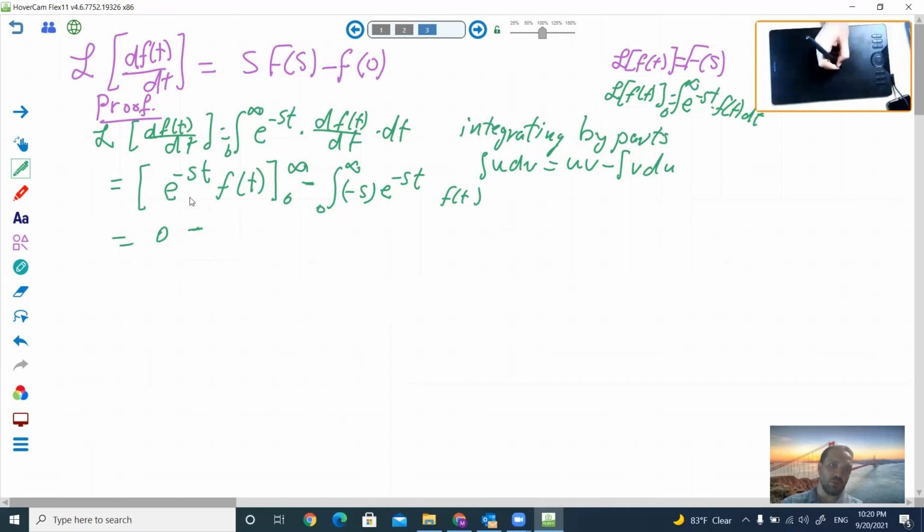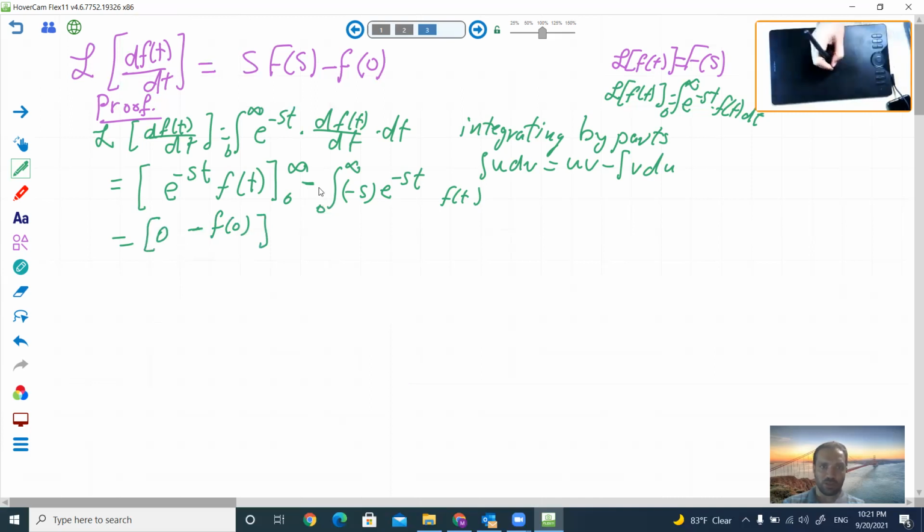So this will be 1, and that term will be f small of 0. Take care that there is a difference between f small, which is the function itself in time domain, and f capital, which is the function in s domain, the frequency domain. So this is the first substitution.